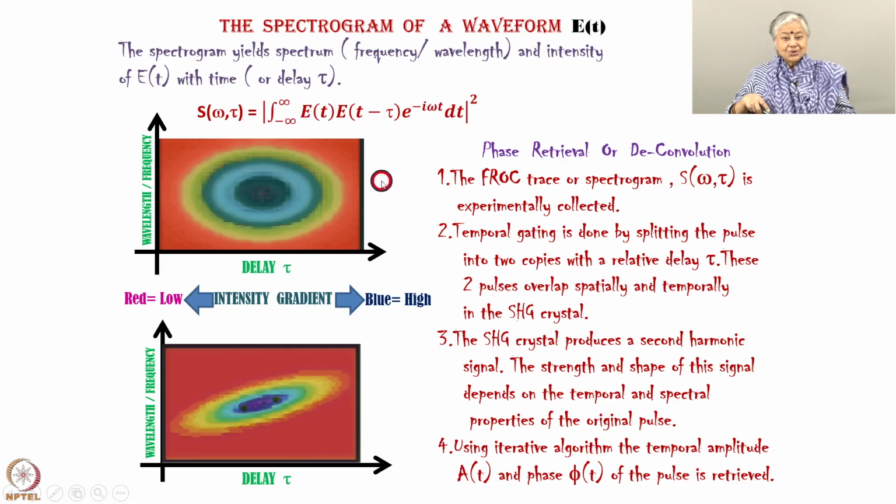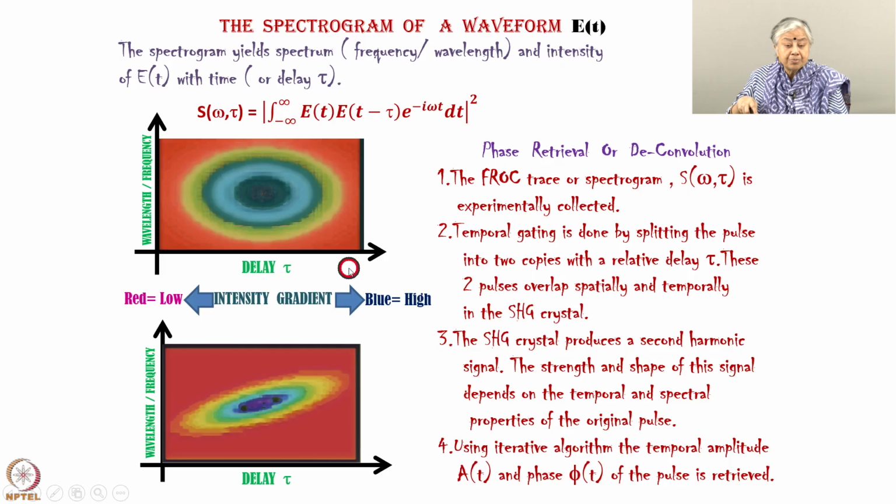You can see this part is the correlation part in my second harmonic generation and this is the phase. So, within this spectrogram is embedded my phase and the amplitude and some relation to the time. This spectrogram is a very important thing. The spectrogram yields the spectrum, frequency or wavelength, and intensity of E(t) with time or delay tau.